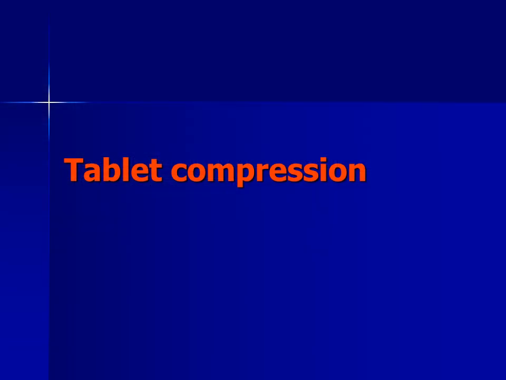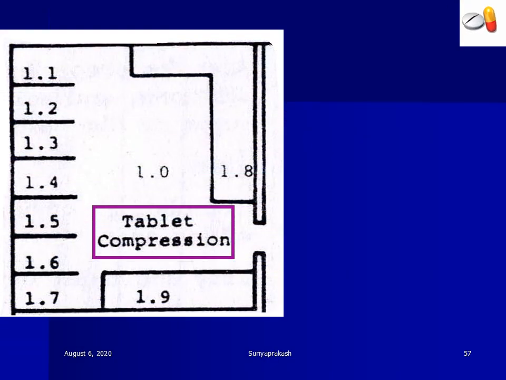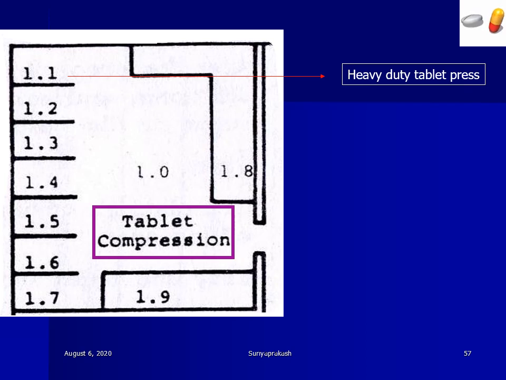So this is tablet. Now this is what you saw in the previous slide, right? Tablet compression 1.1, 1.2. What will be there in the tablet compression area in a pilot plant? 1.1 indicates a heavy duty tablet press.